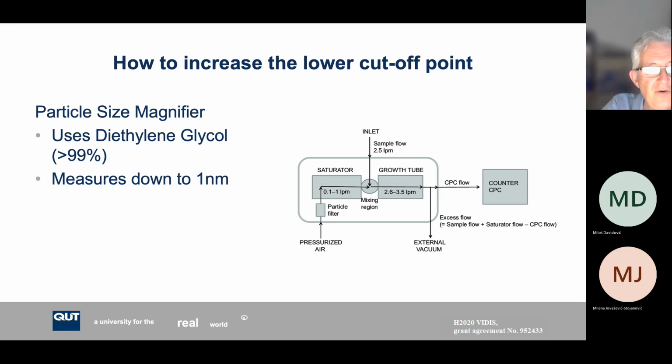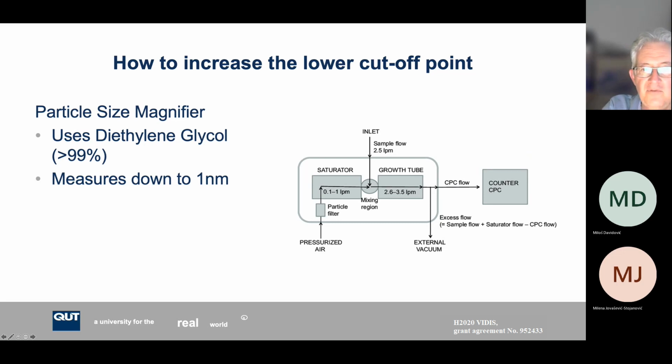The alcohol butanol-based ones are limited to around 3 nanometers, but recently there's been development of particle counters based on ethylene glycol. The advantage of using ethylene glycol is that it can condense onto particles as small as 1 nanometer in size.